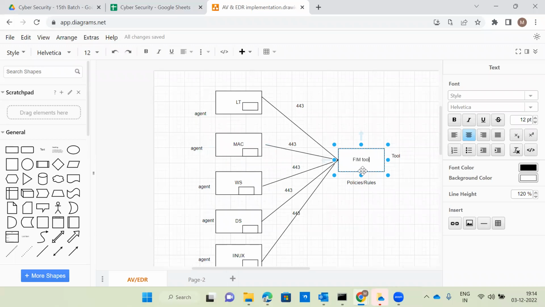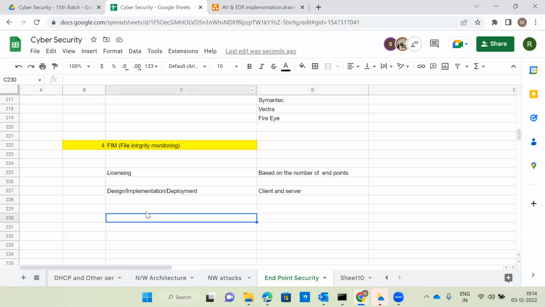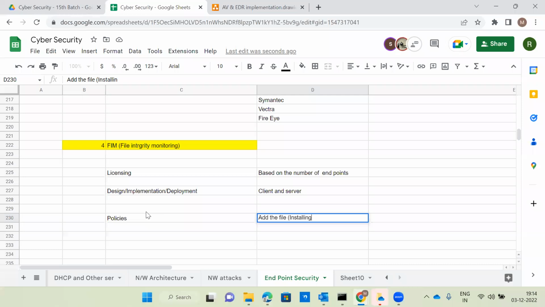So what are the different types of policies we have to configure? One is adding a file, also called injecting or installing a file. Next, we have to implement deleting of a file. Next is modifying. Next, updating.